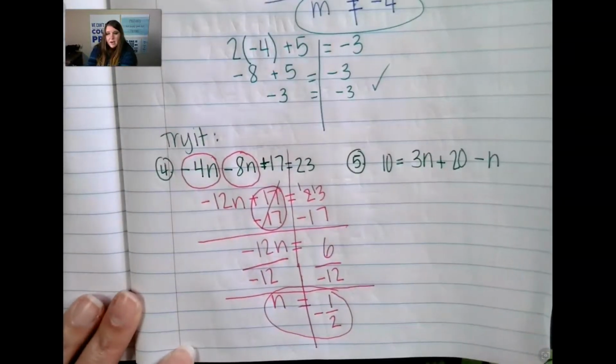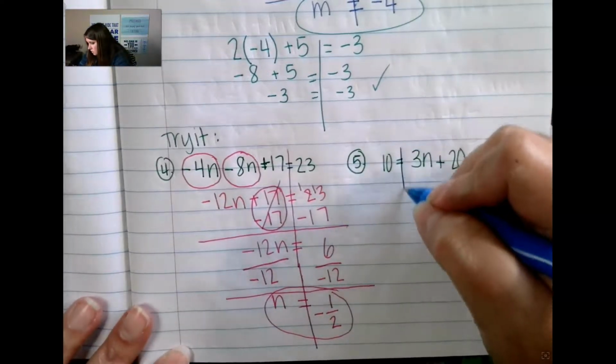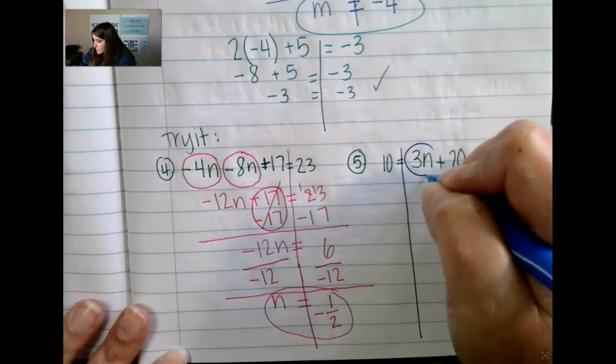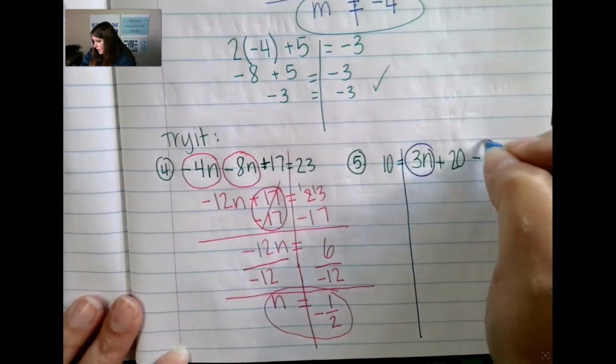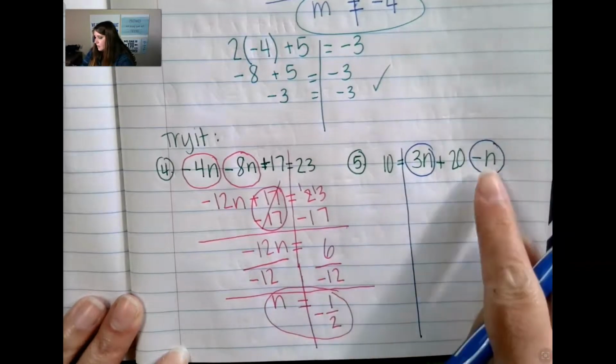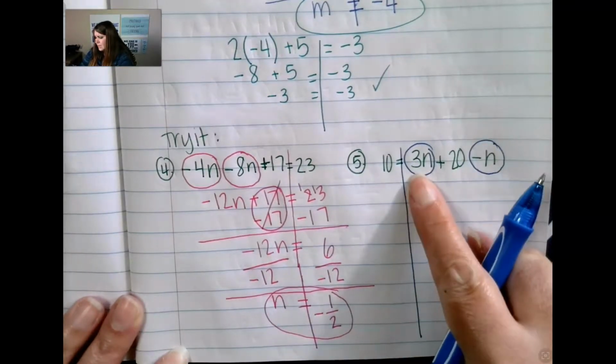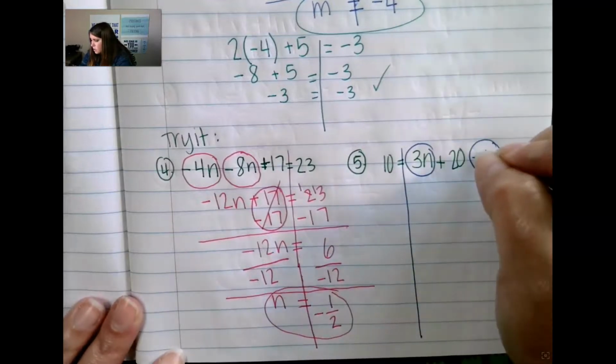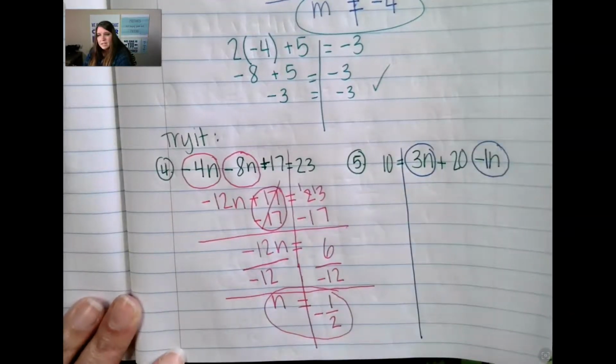On this problem, I'm going to use a different color since they're so close to each other. I have to first combine like terms. I have a 3n and a negative n. 3 minus 1n. Remember, when there's no number in front, it's just a 1.